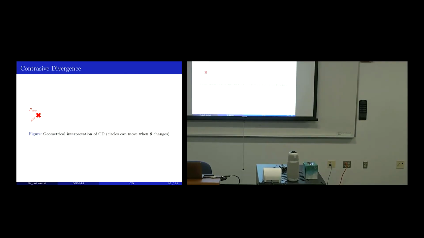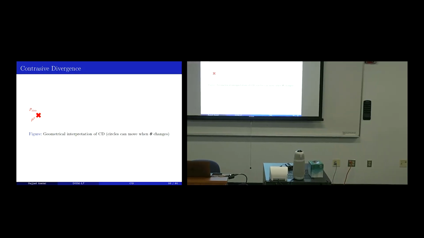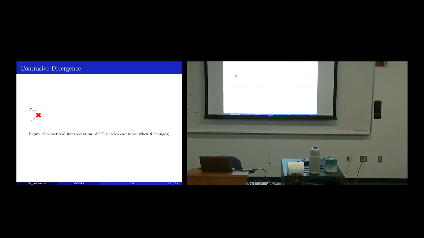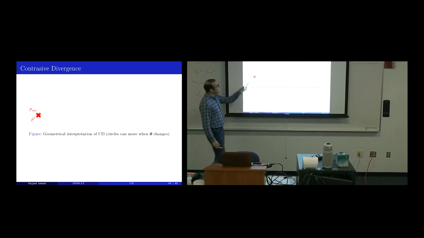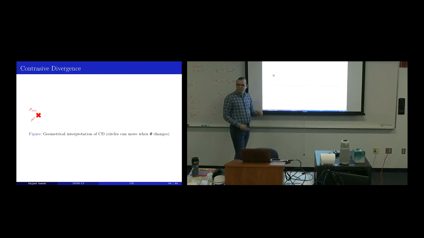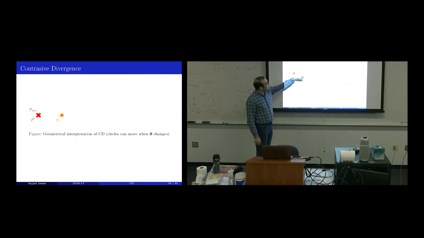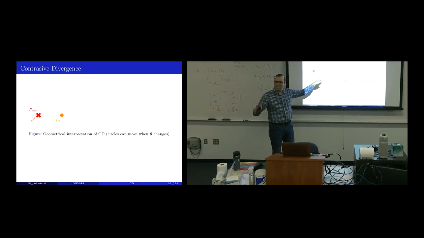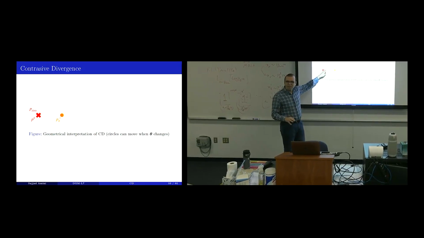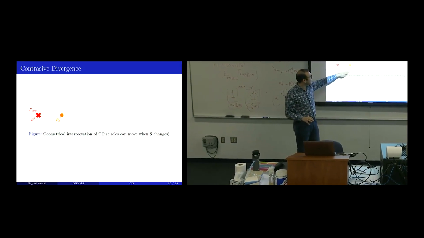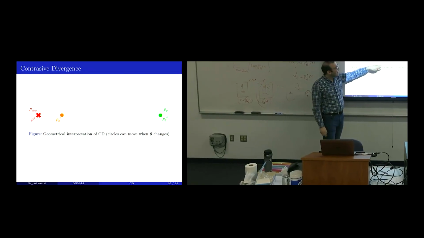Okay, now think about this contrast, this visualization of CD. It may help you to understand what is happening, okay? We are at the point P0, which is equal to P data, okay? P theta is something here, just visually. So it is different from the data distribution, and this is something here.